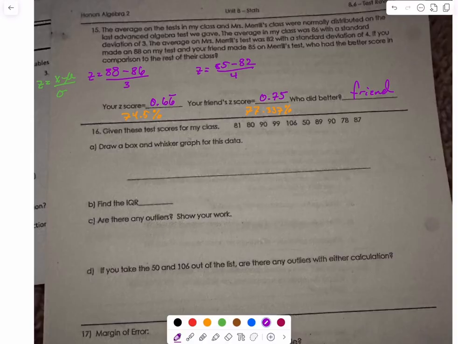Okay. So one thing that would help here, if we put the data in its ascending order. All right, let's do that.